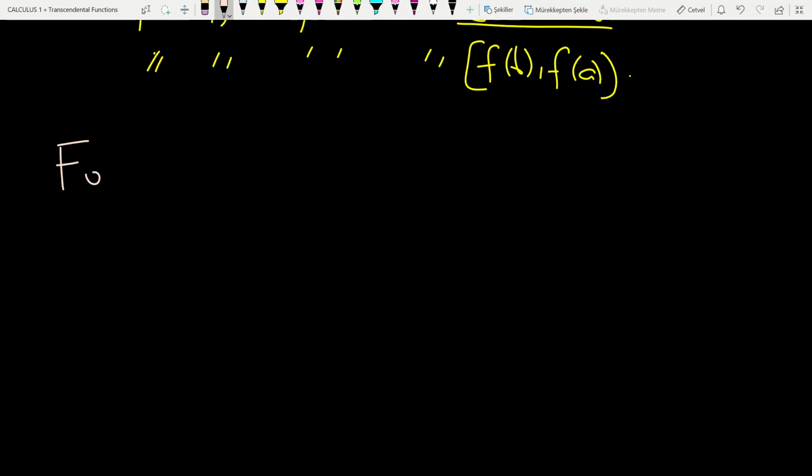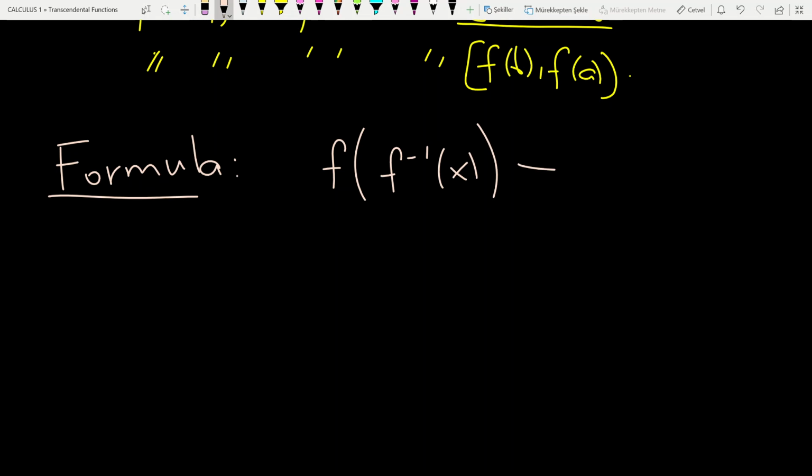So we are ready to give the formula to find the derivative of inverse functions. What about this equality? Is it true or not? f of f inverse of x is equal to x. If you take f inverse of both sides, you will see that f inverse is equal to f inverse, right? So it is true.